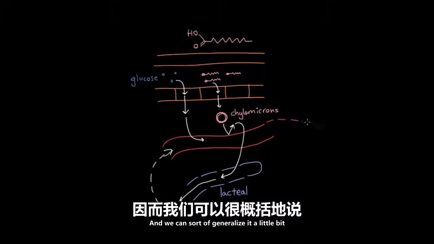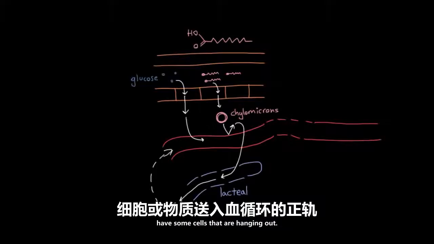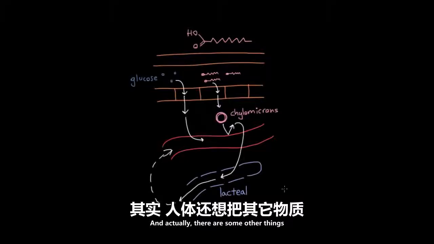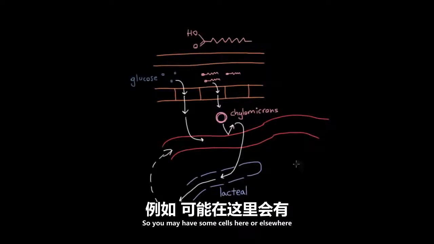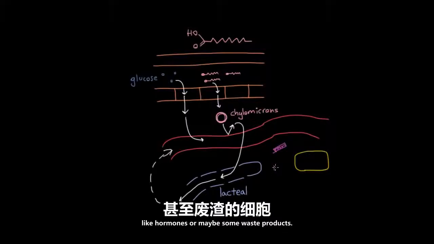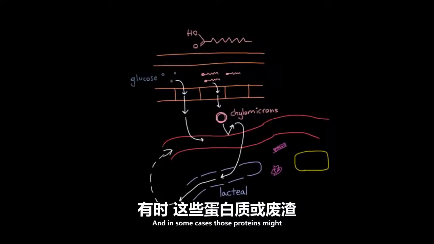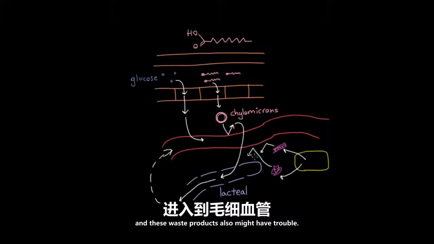And we can sort of generalize it a little bit and say that, maybe a little further away from the small intestine, somewhere else, you have some cells that are hanging out. And actually there are some other things which your body might want to put into lymphatic circulation. So you may have some cells here or elsewhere in the body that are producing maybe some proteins like hormones or maybe some waste products. And in some cases those proteins might have trouble getting into the capillaries, and these waste products also might have trouble.